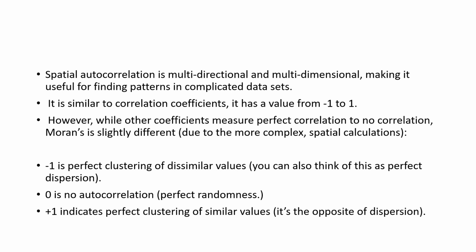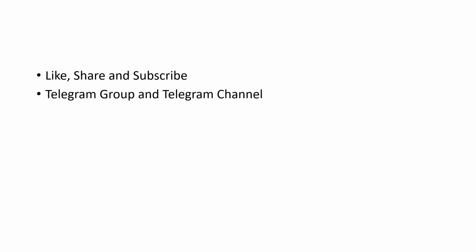The value lies between -1 and +1, as in the case of usual correlation. Here -1 shows perfect clustering of dissimilar values, 0 shows no autocorrelation at all, and +1 means perfect clustering of similar values. So that's all about Moran's I statistic.